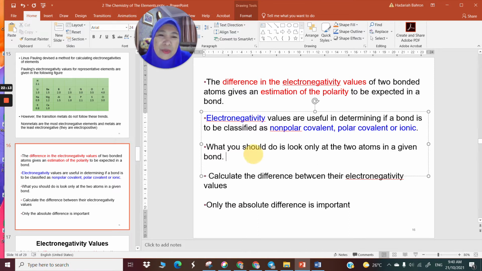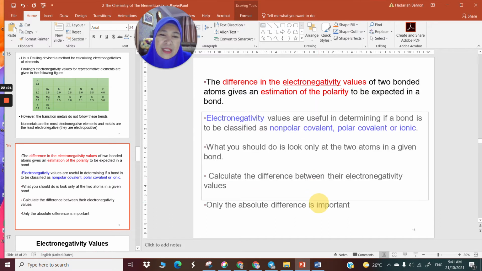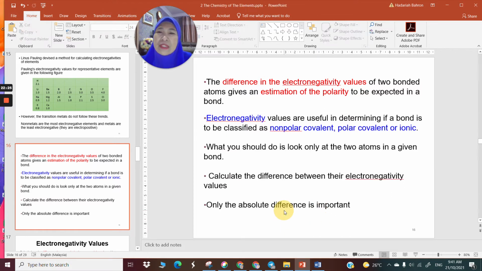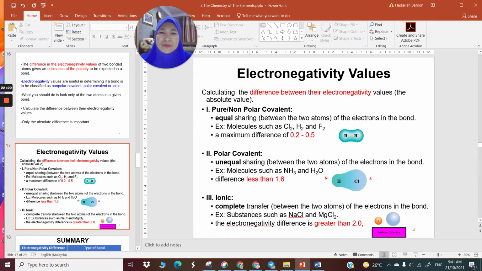So what you do, when you look at these values, is calculate the difference between their electronegativity values. Only the absolute difference is important. So how do we do that? Very easy.